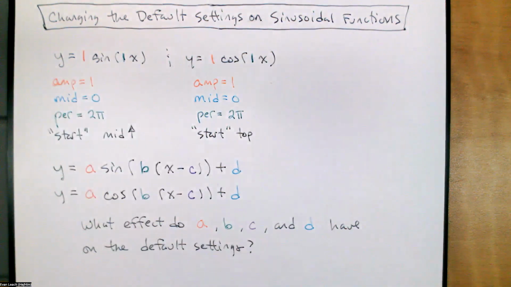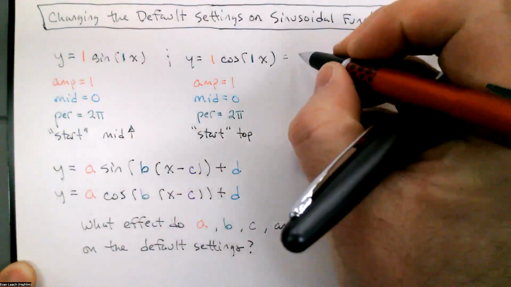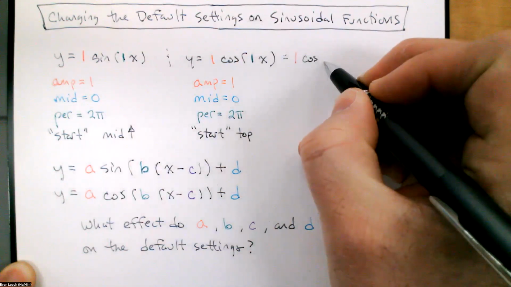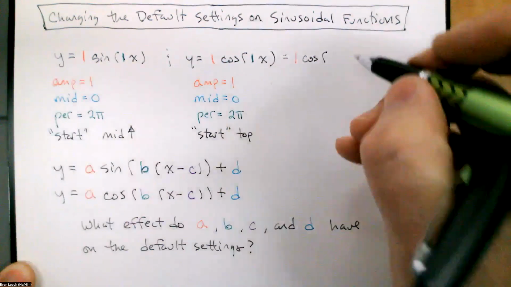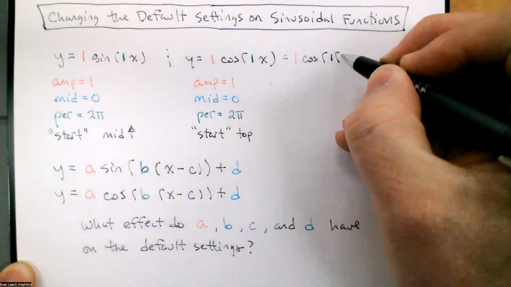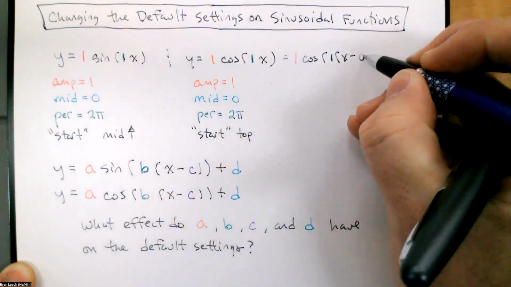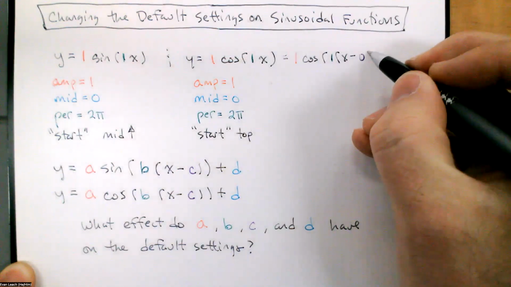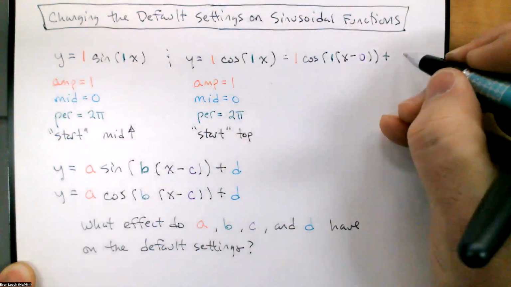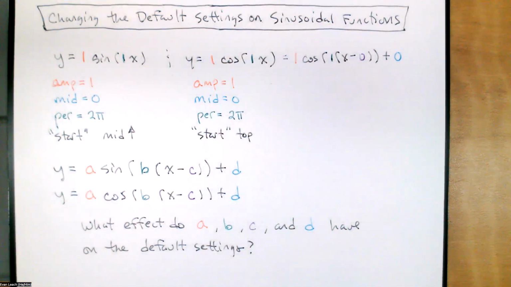So our default cosine looks like 1 times the cosine of 1 times x minus 0 plus 0. So the default for A and B is 1.